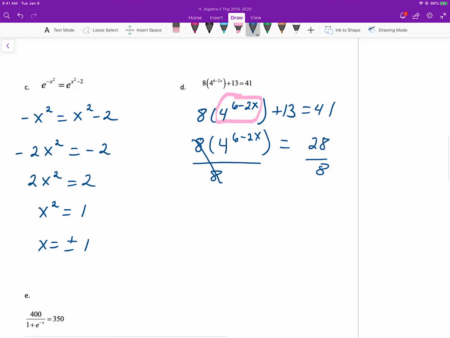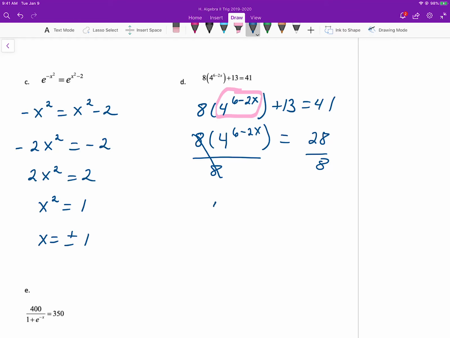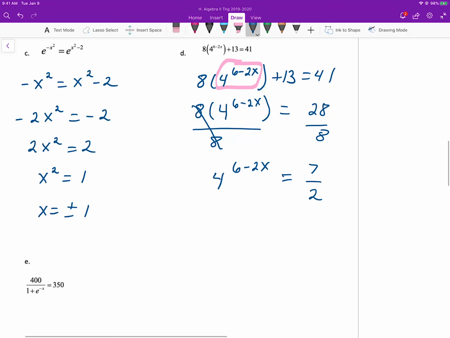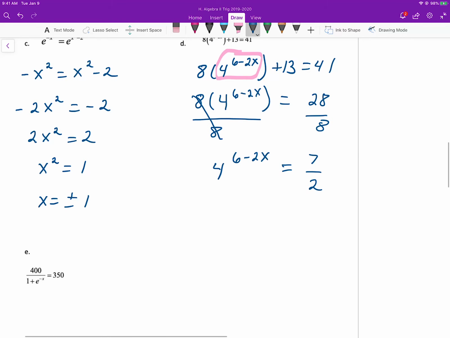That will simplify the left side and leave us with 4 to the 6 minus 2x power still. And then here, 28, we can't divide that by 8, but we can reduce the fraction, and that will reduce to 7/2.